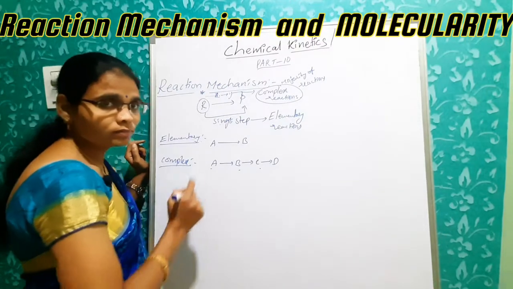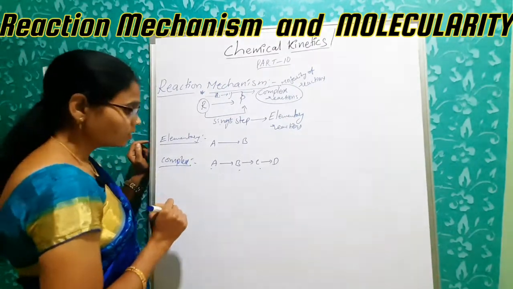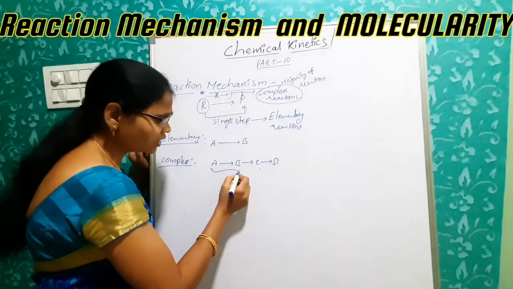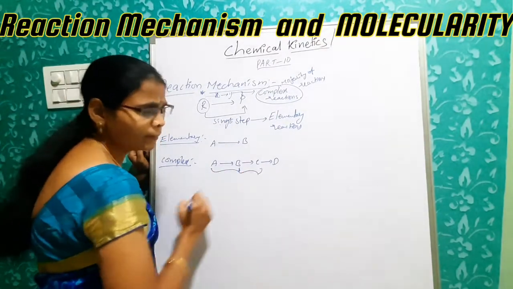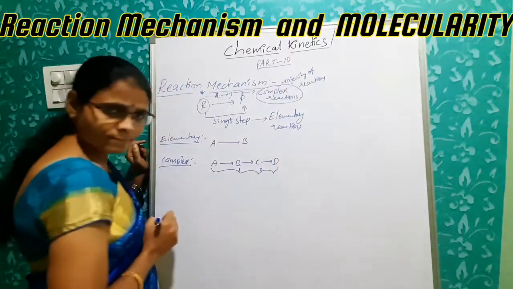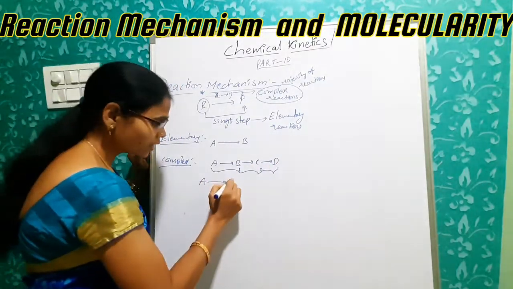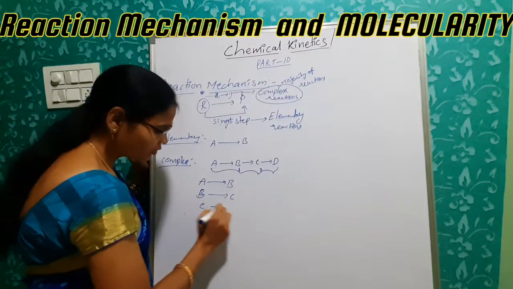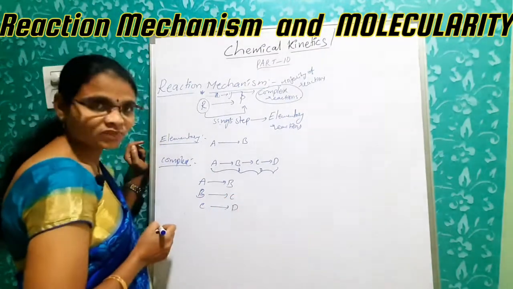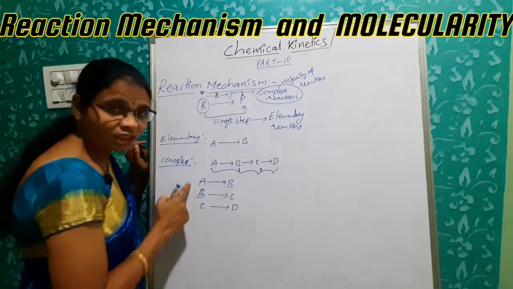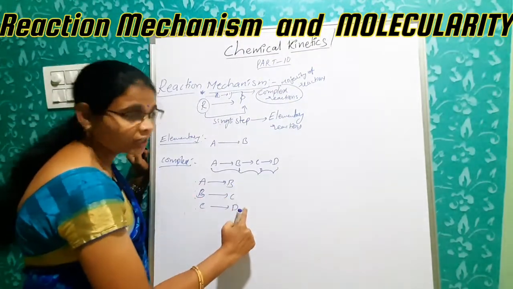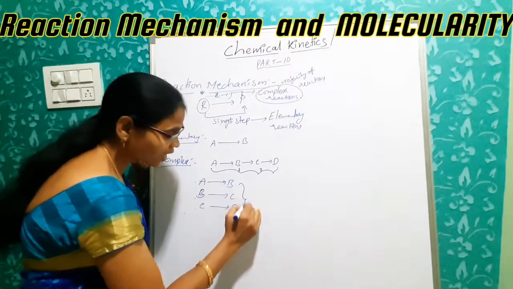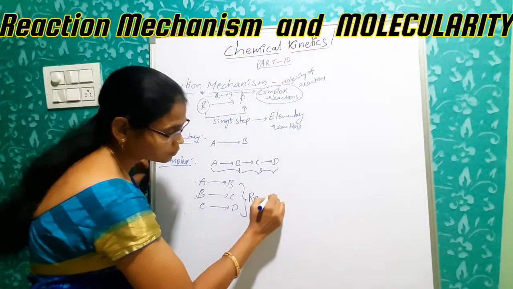See here, in complex reactions, the sequential representation of steps, meaning A gives rise to B, B gives rise to C, C gives rise to D. The sequential representation of different elementary steps is known as reaction mechanism.